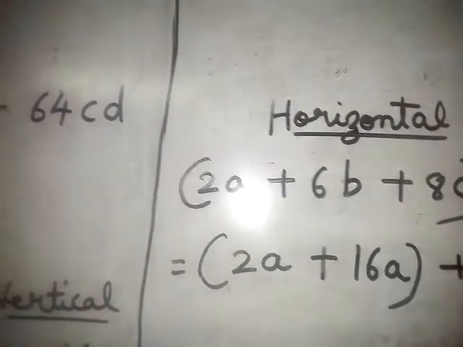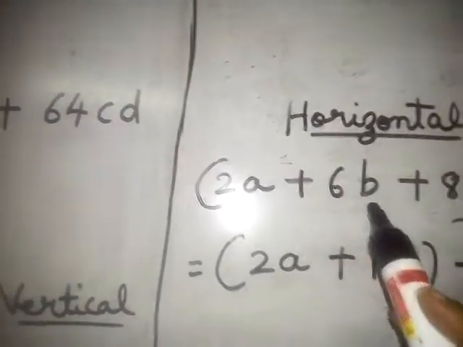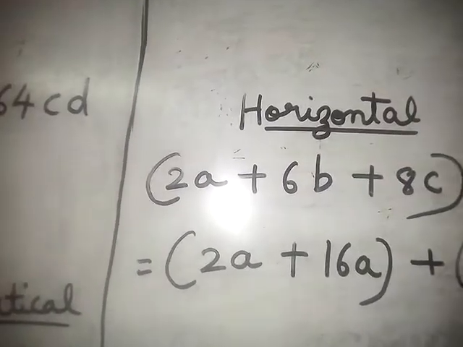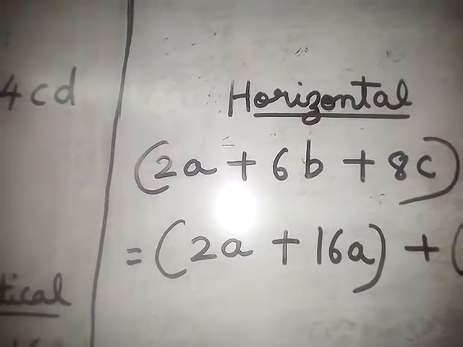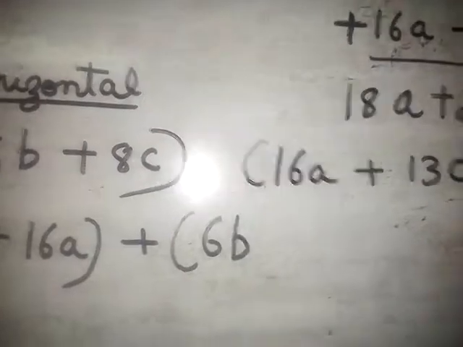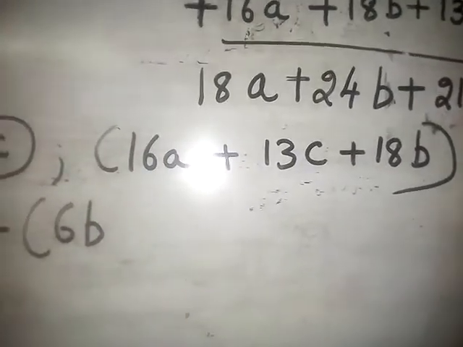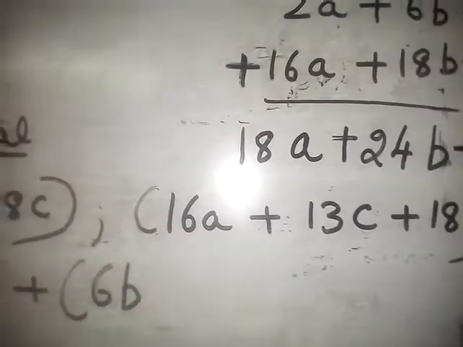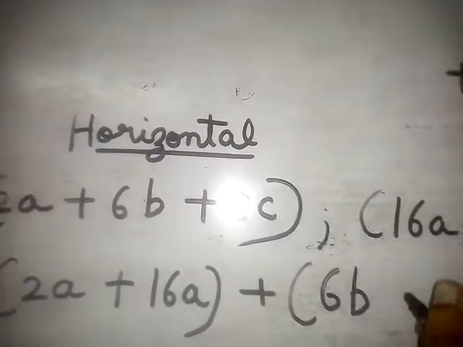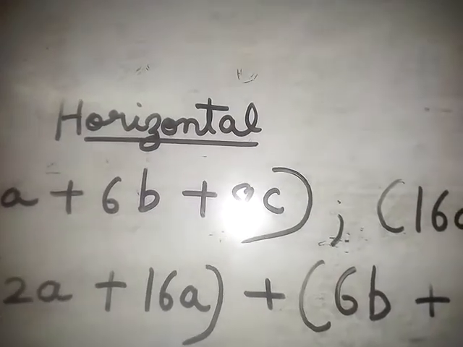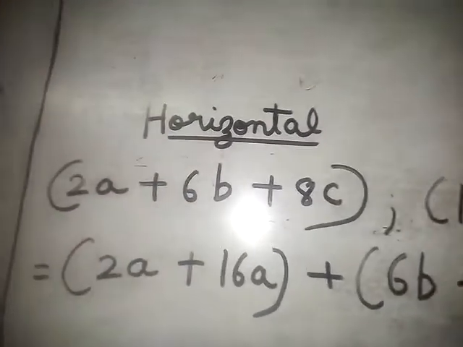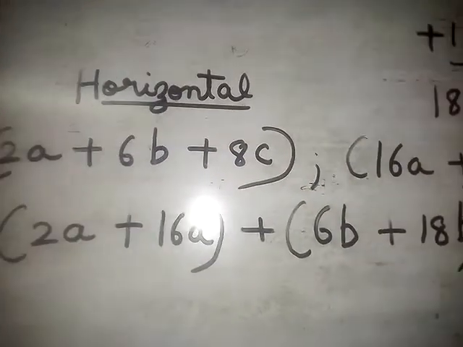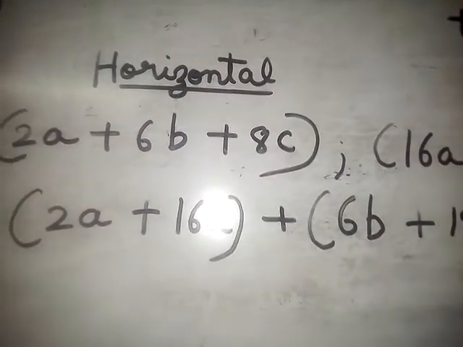Plus, now the next variable is b. Write in brackets 6b, and another b, where is it? In the other bracket, 18b. See, look here, 6b plus 18b. The like terms which you are bringing together, with the same variable, you have to write all of this in addition form and then add finally.